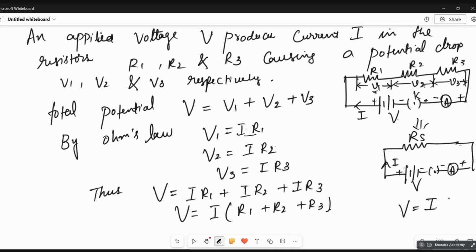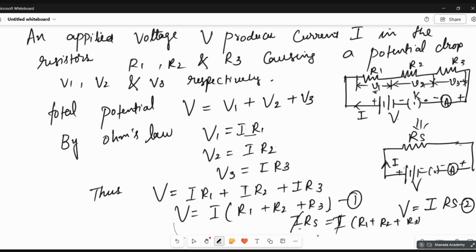This you will call equation 1, equation 2. Both are telling about the total voltage V only. So I into RS will be equal to I into (R1 plus R2 plus R3).